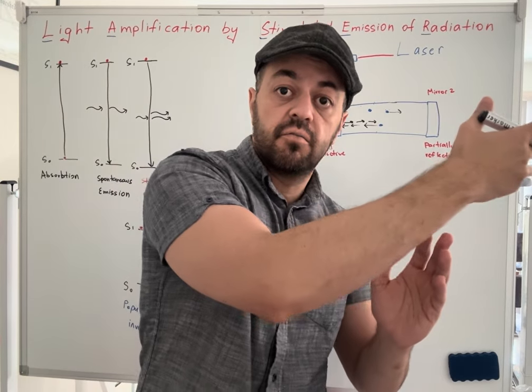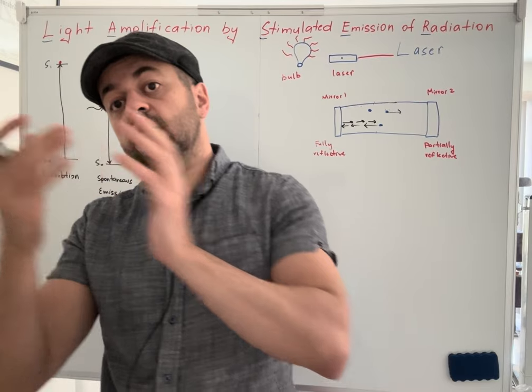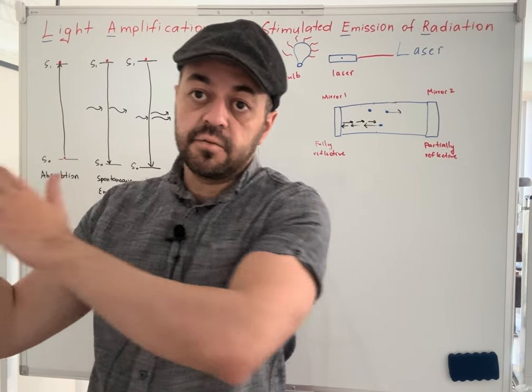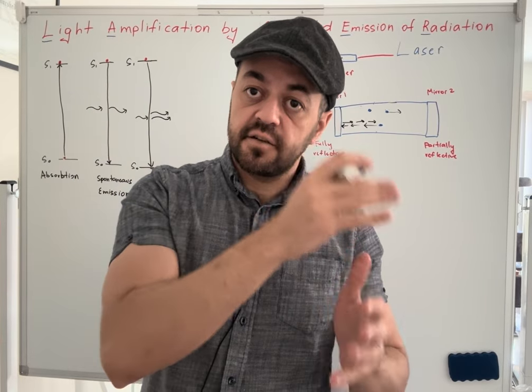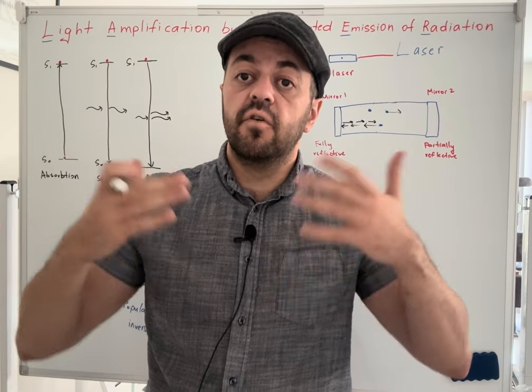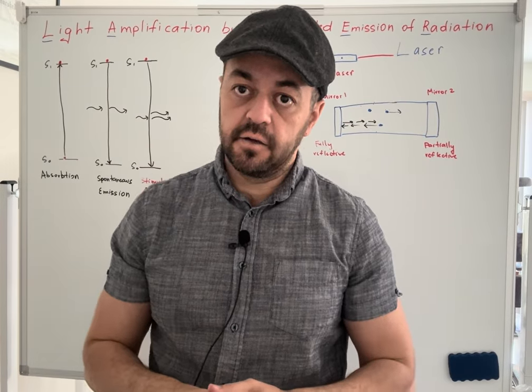Three photons go and then come back, stimulate again, and generate four. They go in the other direction, come back, and stimulate another emission, another photon. So that's how photons are exponentially amplified.